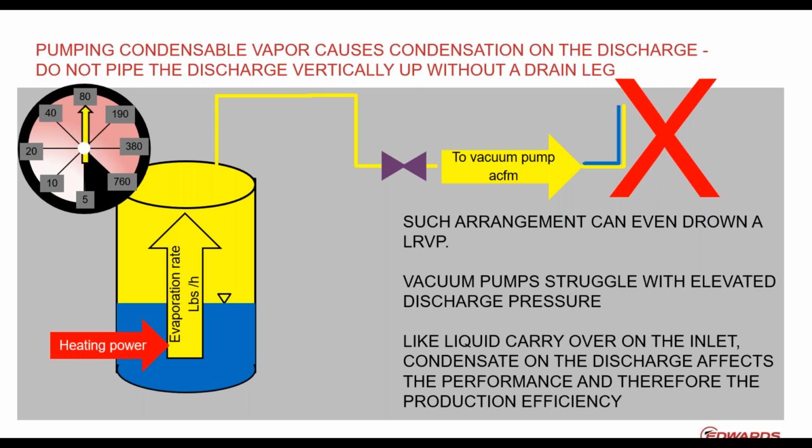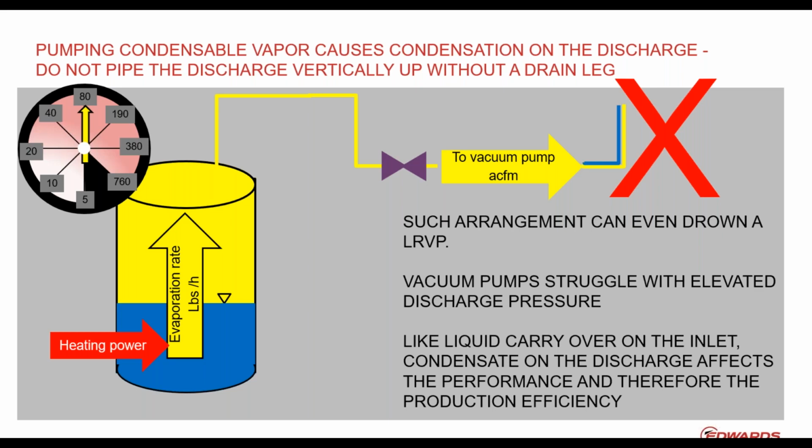So the discharge line should not go just horizontal off and then straight vertical up, because that condensation effect would make the liquid run back into your vacuum pump on the discharge and cause not only trouble, but also the effect of this pump is actually not doing what it's supposed to do. Your vacuum becomes eventually unstable because your vacuum pump is dealing with a liquid phase that a compressor in general shouldn't deal with.